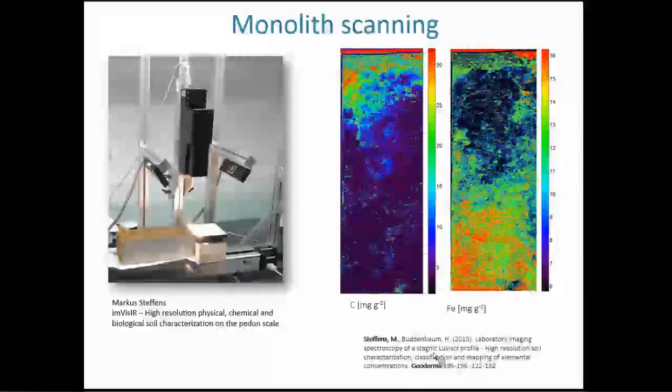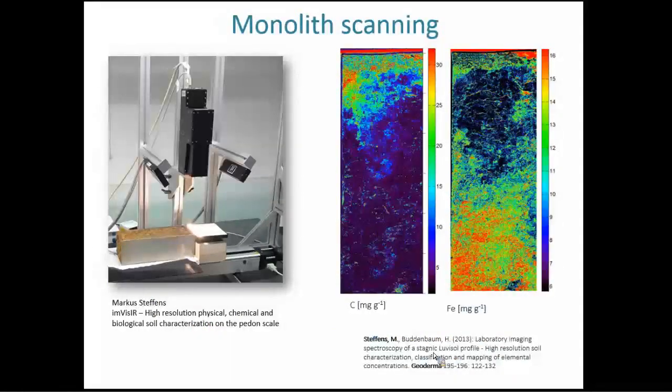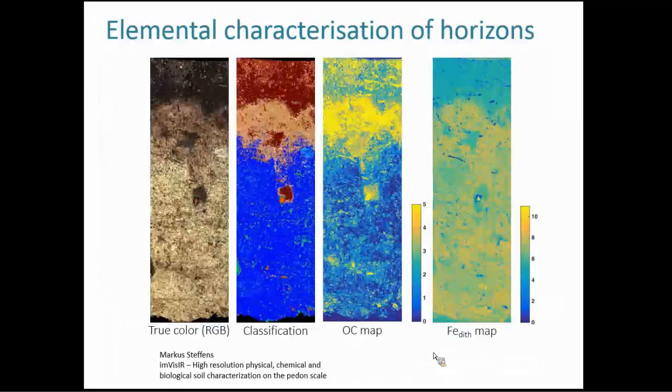German group led by Markus Steffen in Germany. They have a high resolution visible infrared thing that they also did on soil monoliths of about 50 centimeters, and then they mapped a whole range of properties also to obtain the horizon information and the elemental characterization.